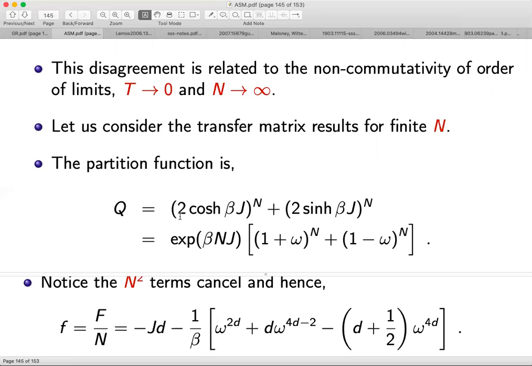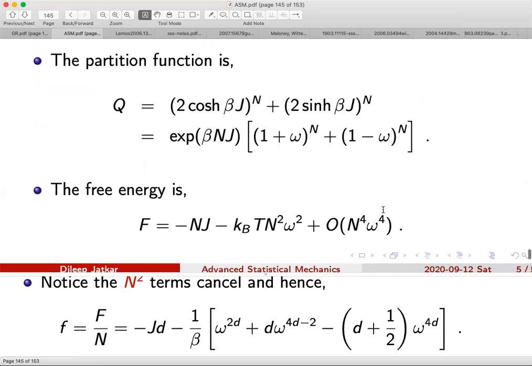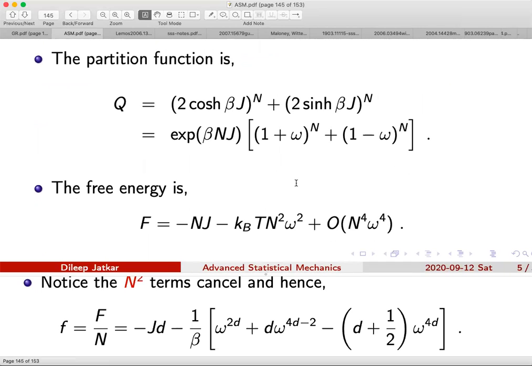Therefore lambda plus to the n plus lambda minus to the n is this expression, which you can write in terms of either the beta nj, which is the dominant piece coming from both the pieces, and 1 plus omega to the n plus 1 minus omega to the n. Now look at the free energy, and you find that you are getting this answer to be nj times n squared times omega squared, which is what you would have expected here.